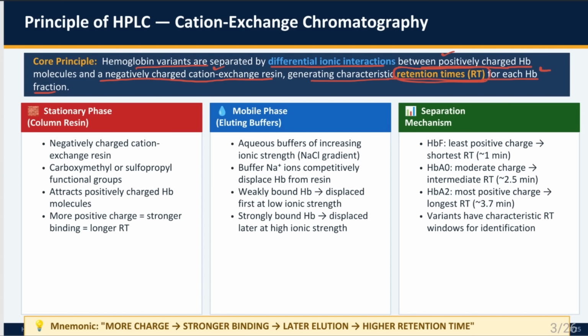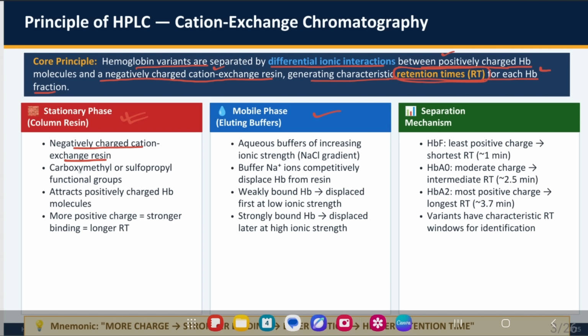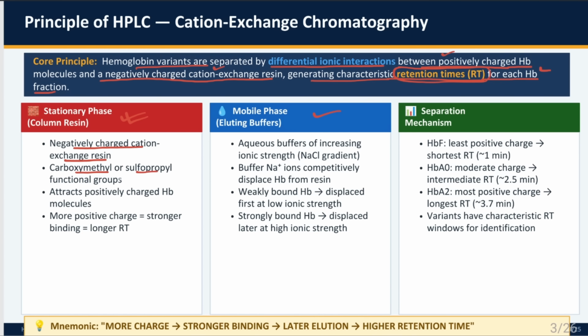So an HPLC machine consists of two phases, that is a stationary phase and a mobile phase. The stationary phase, which is present in the column as resin, is a negatively charged cation exchange resin. It can have carboxymethyl or sulfopropyl functional groups.